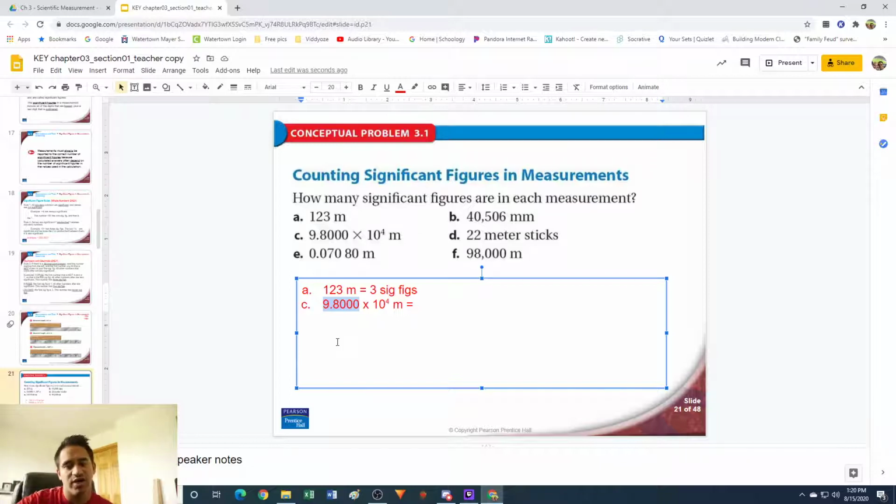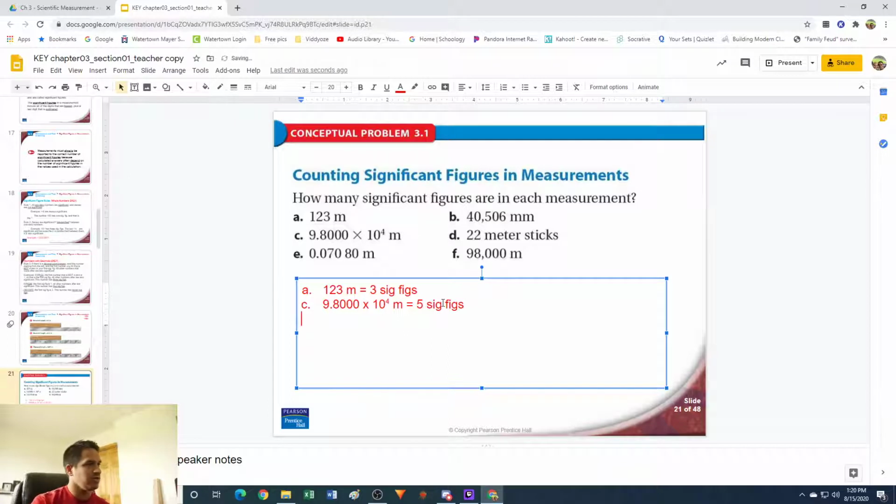That's all we're counting when it comes to sig figs. So this number is not a whole number. It has a decimal in it, which means that if we work our way into this number starting from the left, the first digit we hit right away that's not a 0 is the 9. There's our first sig fig, and everything after that automatically counts, which means every single digit in this number is a significant figure. So this would have a total of 5 sig figs.